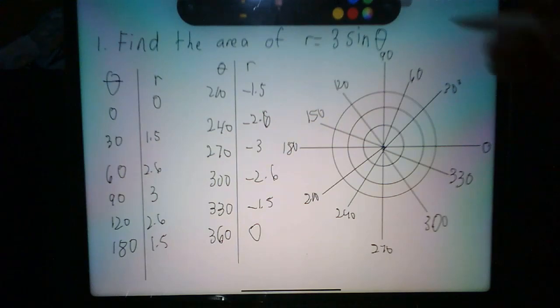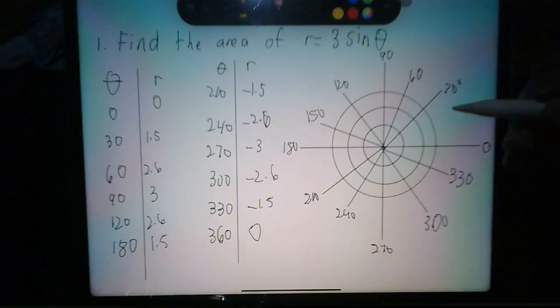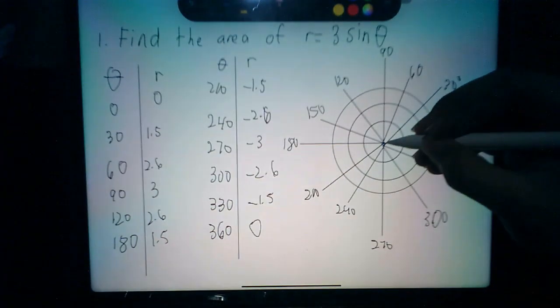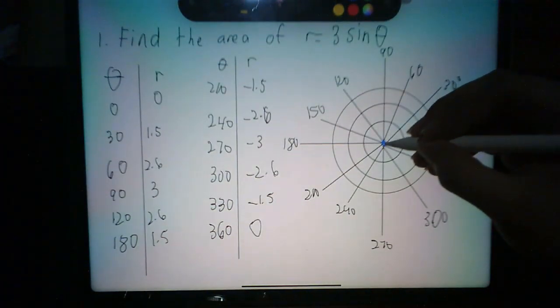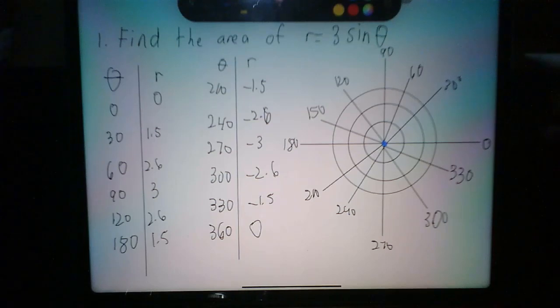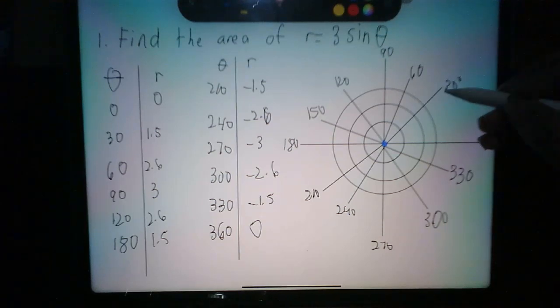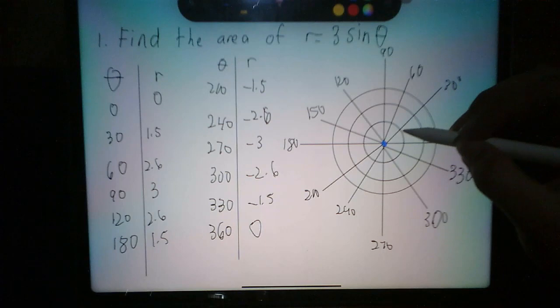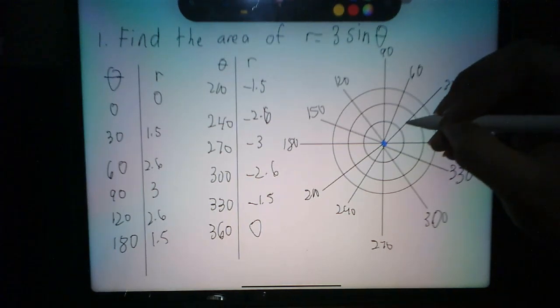So first here, our theta is equal to 0 and our r is 0, so we put radius here 0. Then at 30, r is 1.5, so let's estimate here. This is 1, this is 1.5. Let's put it here, the middle.